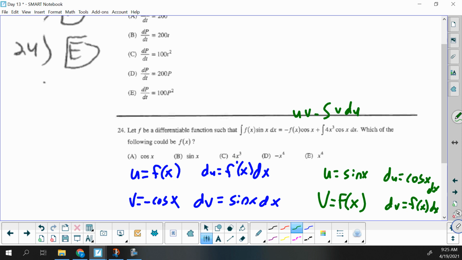So let's say that that minus went with the cos. If that minus went with the cos, then that would mean we would have this scenario here, where the v du is the minus cos x times f prime of x. So the minus came out front. So this part's our v, and then that would be the du.